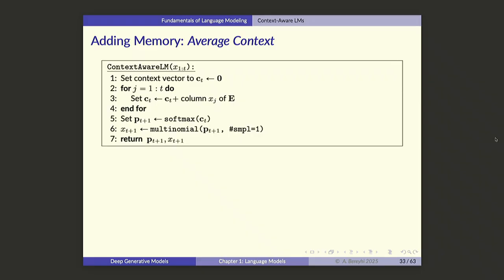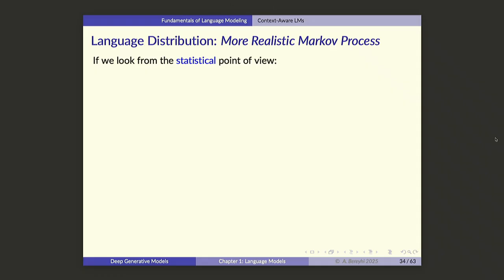Everybody's clear what I'm doing? So this is basically the bigram model, nothing changed. The only difference is that I have added up all the embeddings before, right? So this model, as I told you, statistically is more realistic. And you might ask, why is this more realistic?